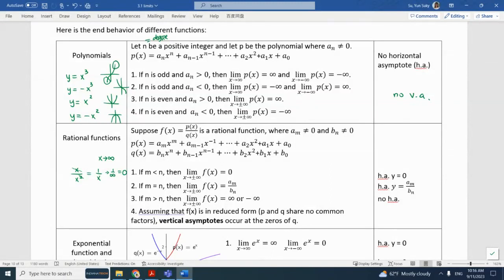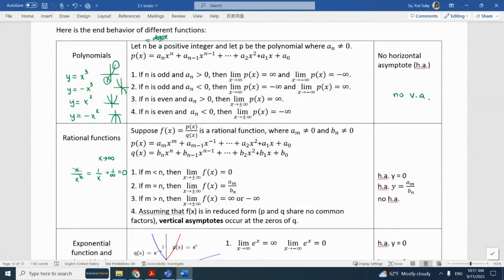Are you okay with all of these? Yes? So that's why, if our denominator is bigger, the limit goes to 0. Which makes sense. Your denominator is getting bigger, bigger, bigger, so your number is getting smaller, smaller, smaller. Right, everybody? That's why it goes to 0.